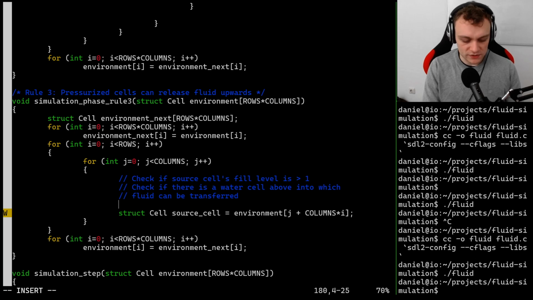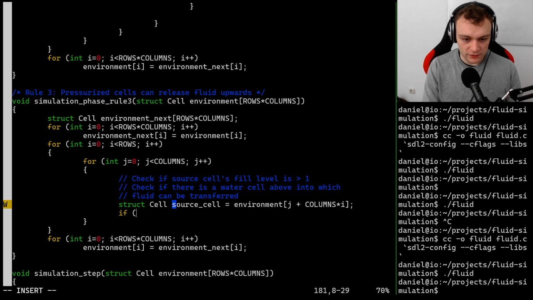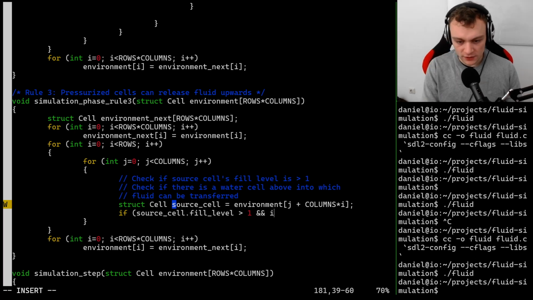So we have the source cell. Then if the source cell dot fill level is bigger than 1 and there's a cell above, we can only check the cell above if I is bigger than 0.